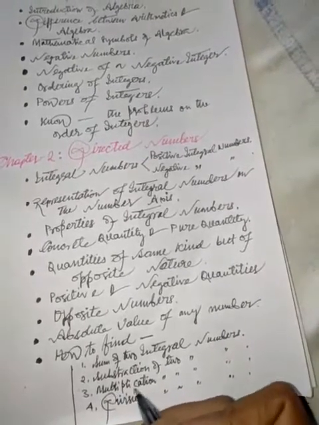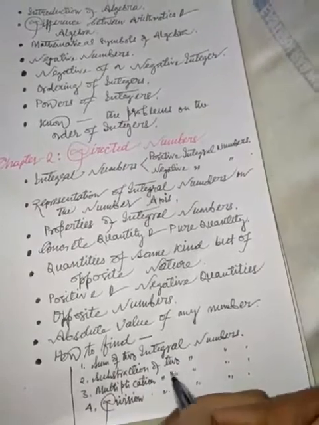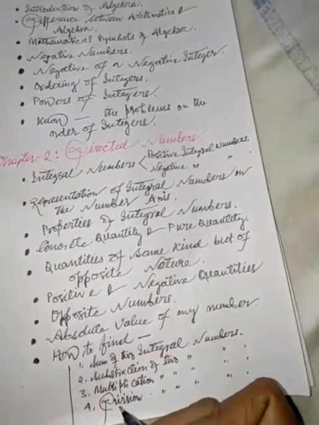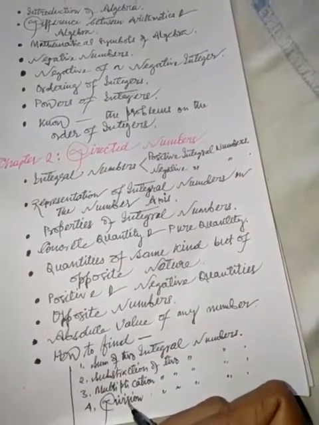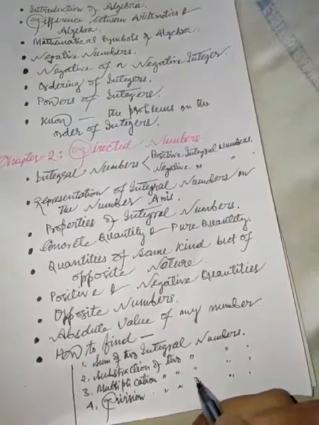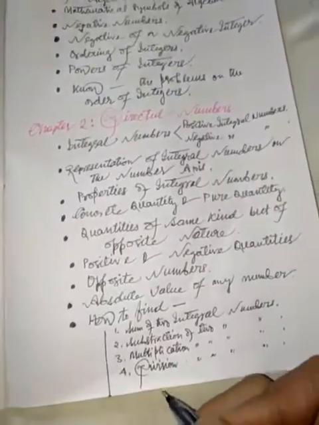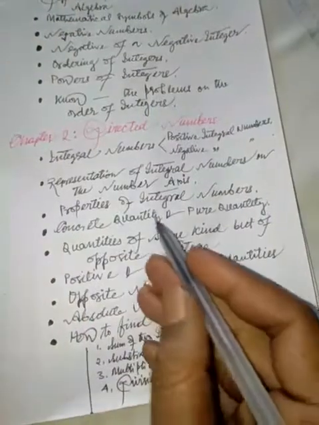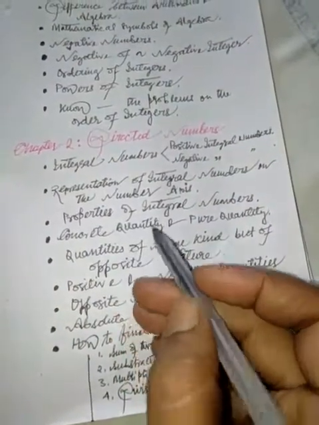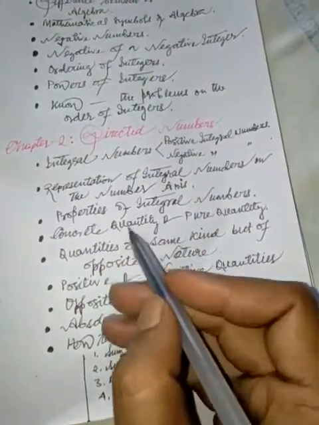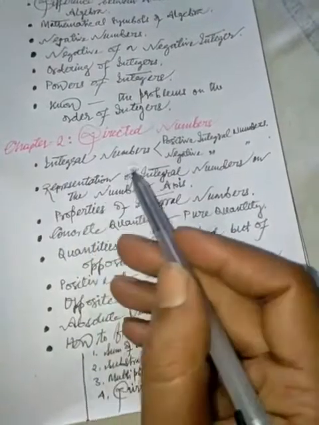We can also find the multiplication of 2 integral numbers as well as the division of 2 integral numbers. So these are the few topics related to the second chapter.